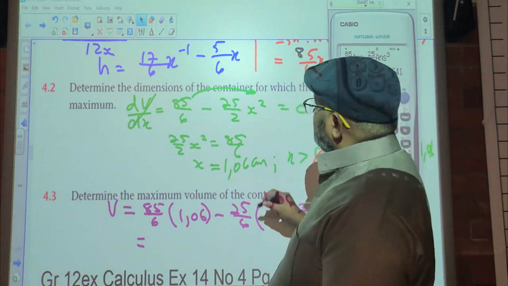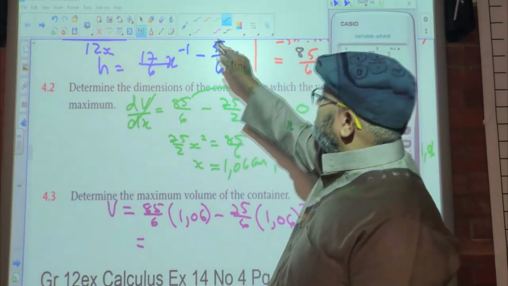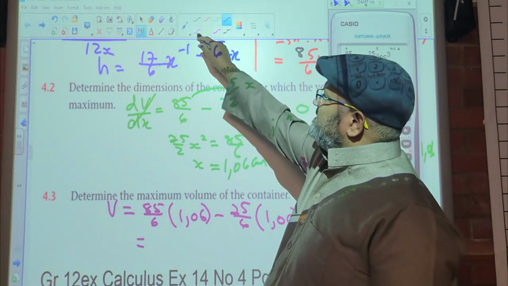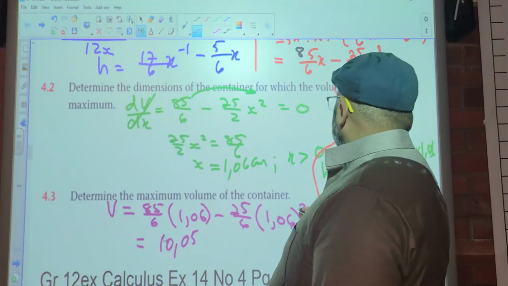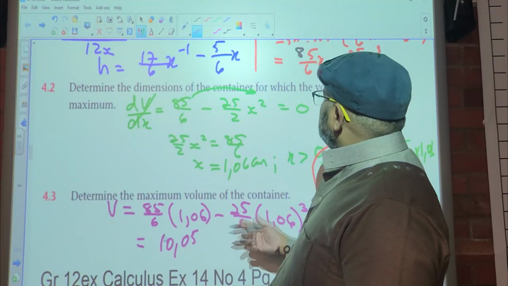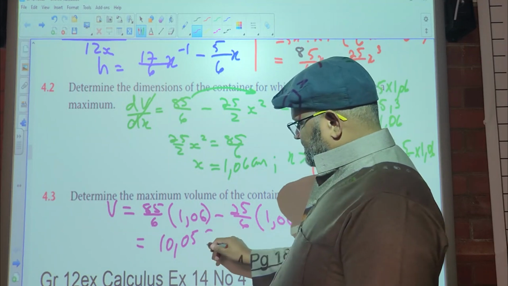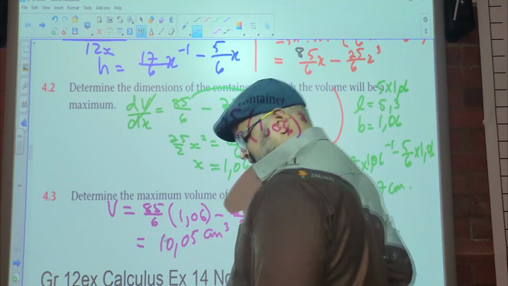Is that correct? Yes. That is in centimeters cubed.